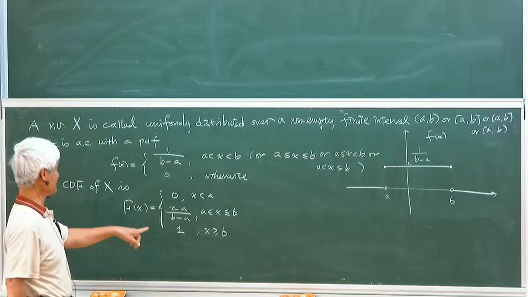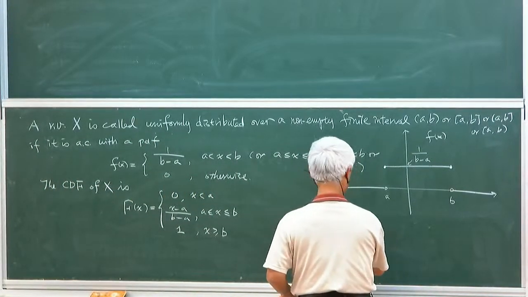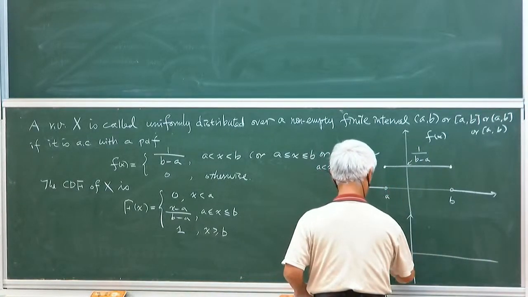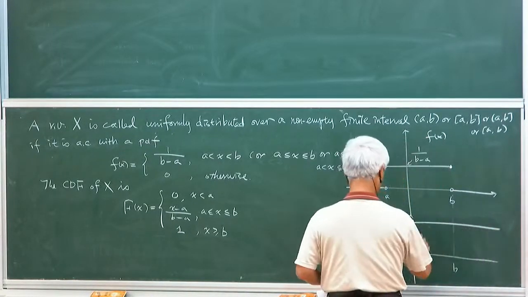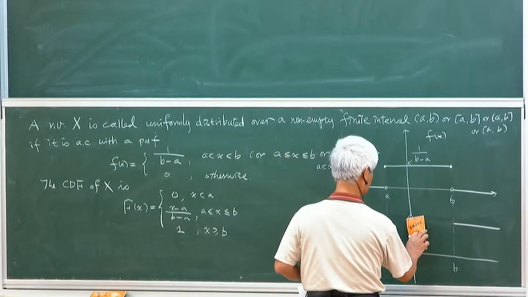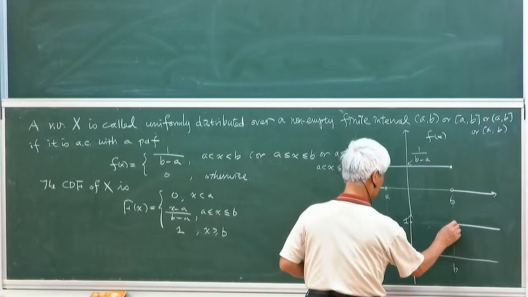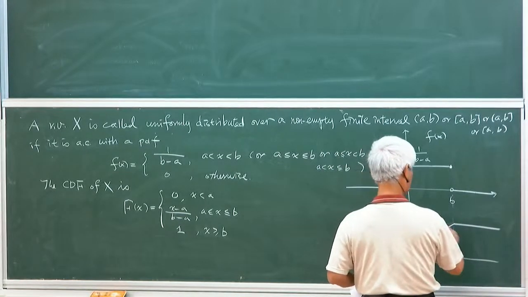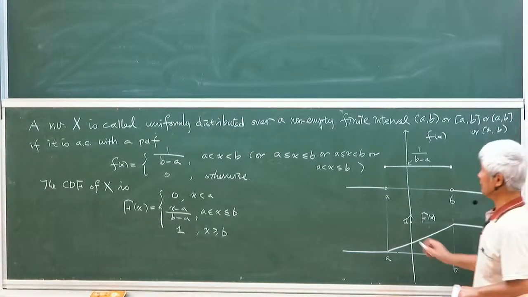So this is A, this is B, and this is 1. It goes this way and goes up linearly.